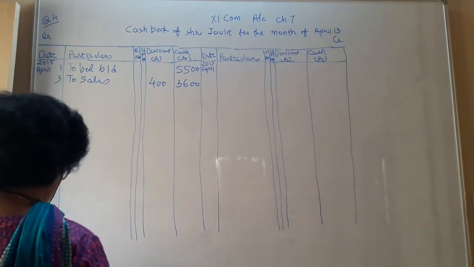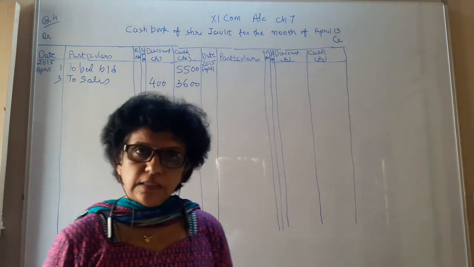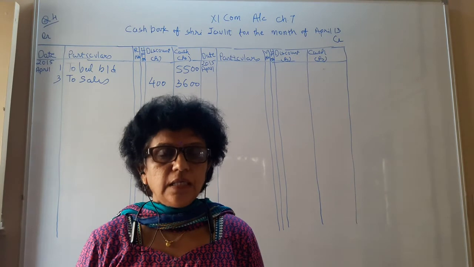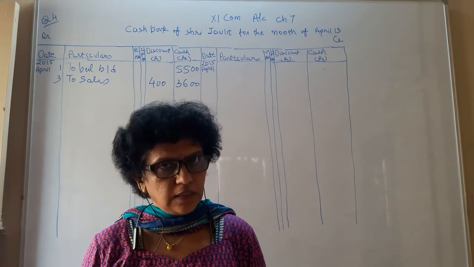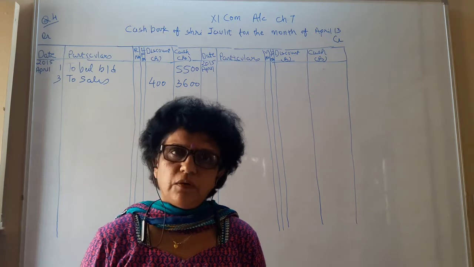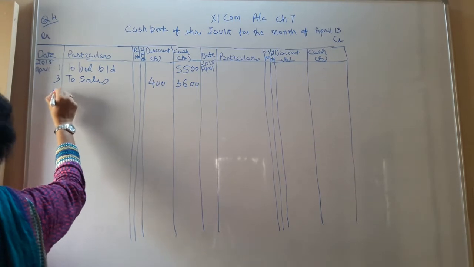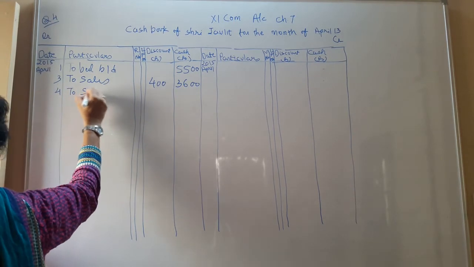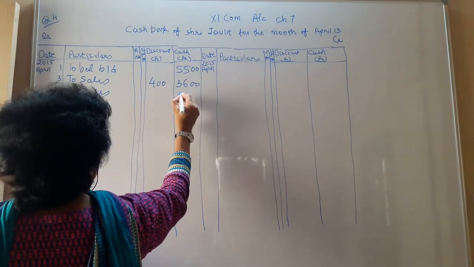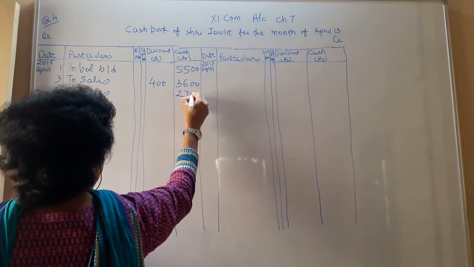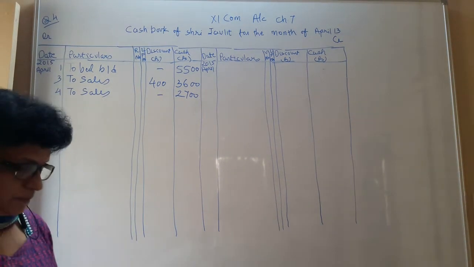Secondly, the name of the party is also not there, and the word cash is not there, so we consider it a cash transaction and record it as cash sales. So number 4, again To sales, amount 2700 in the cash column. In the discount column, you have to put a dash.